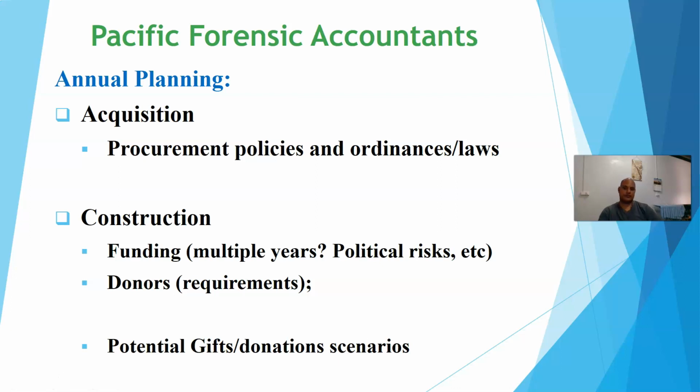And also at the end of planning, we'll be deciding on what sort of assets we need to acquire and what needs to be constructed, or which ones are going to be donated by donors, for example, or which ones we are going to fund but will cost us over multiple years, or which ones will be affected by political decisions that might change in the next 12 years.